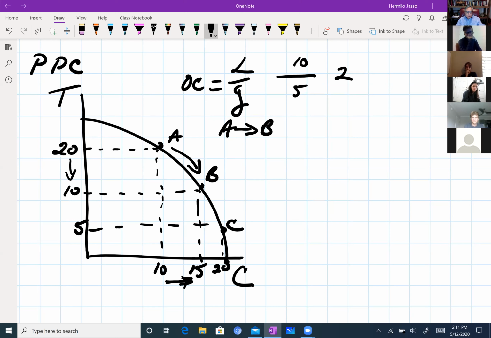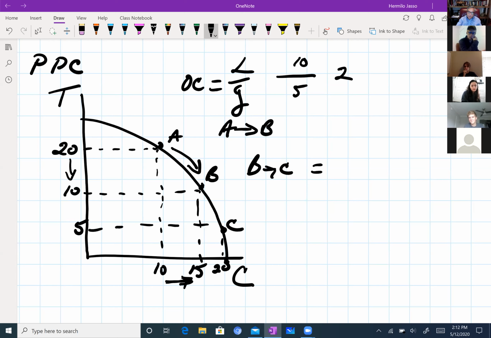See, opportunity cost measures your loss divided by your gain. So it gives me a cost of 2. Now, what is my cost when I move from B to C? Help me. What is my opportunity cost when I move from B to C?